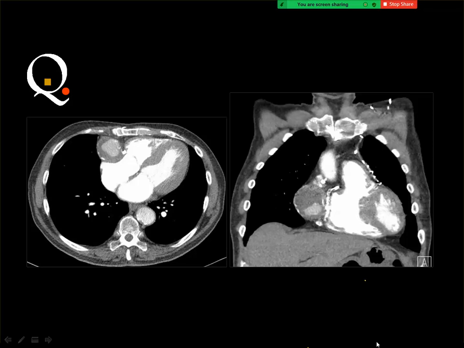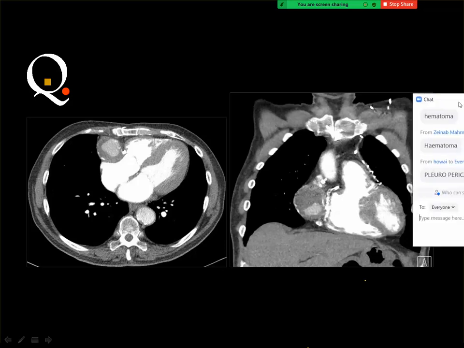Then this is a spot diagnosis case. This patient is a candidate for coronary bypass surgery, and he presented by chest pain and the CT scan showed this lesion. This is not, of course, a cyst. Thrombus, dermoid?